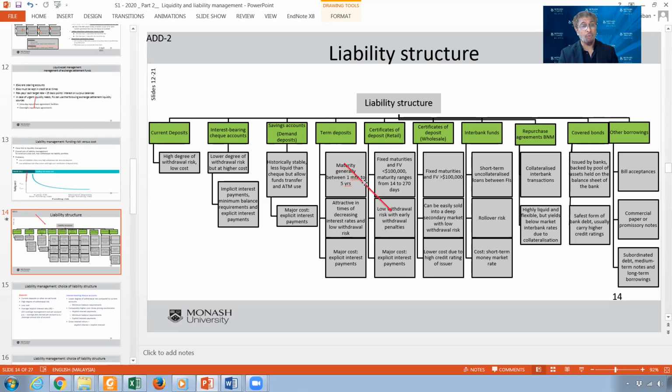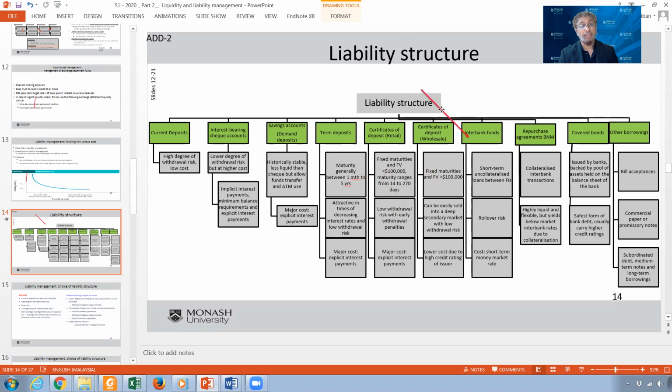So they have low withdrawal risk with early withdrawal penalties. The major cost is explicit interest, which is how much interest you give them. And you have the same thing for any certificate over 100,000. So it has the same characteristics, but the withdrawal is even less.